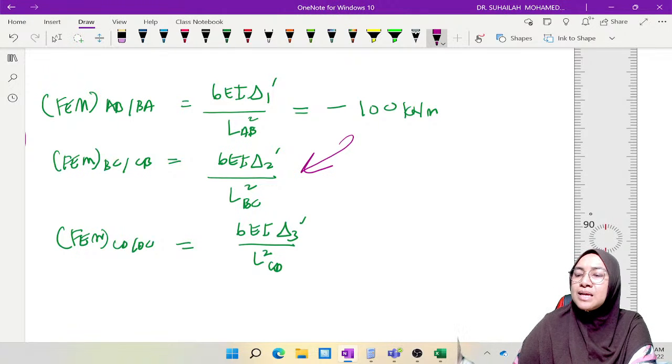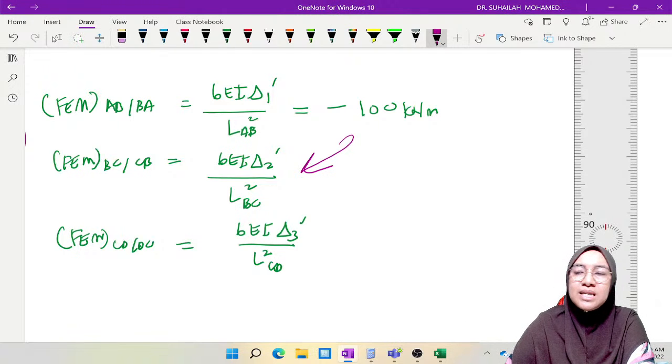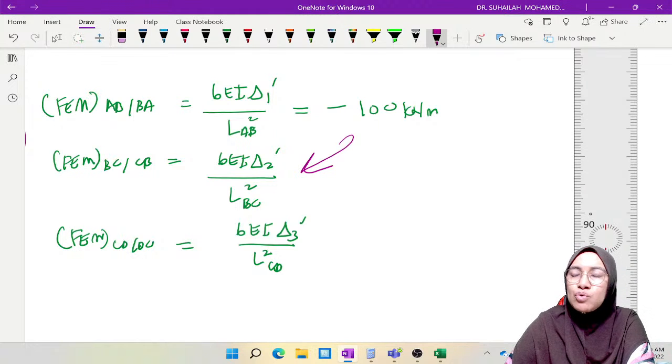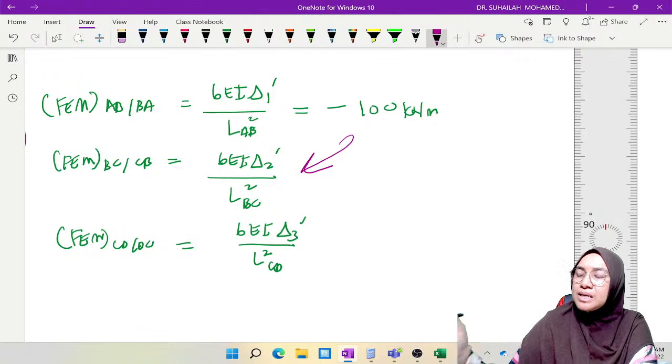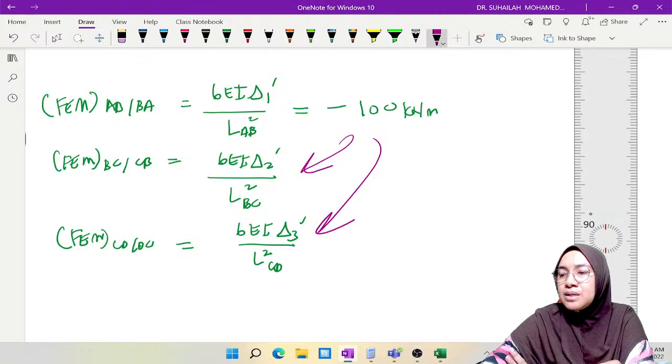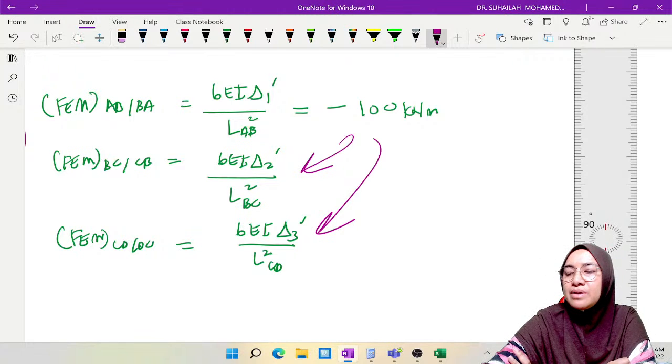The same with FEM for CD, DC, where we have to have a relation between delta 1 and delta 3. So delta 3 must be changed to delta 1 prime. Then only we can substitute the value of EI delta 1 prime into FEM DC.